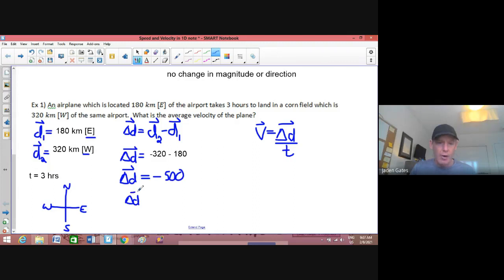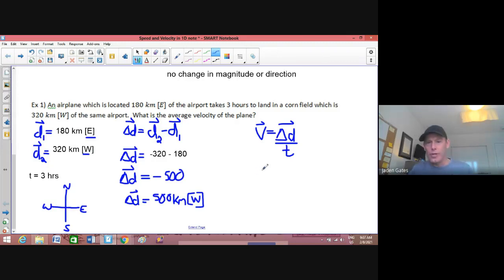I have to now write it down as a vector, and it has a size of 500 kilometers. But the sign is negative, which means our displacement has a direction of west, because I already said east is positive, west is negative.